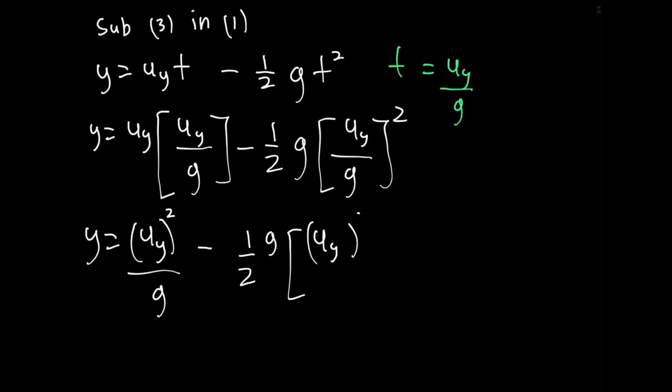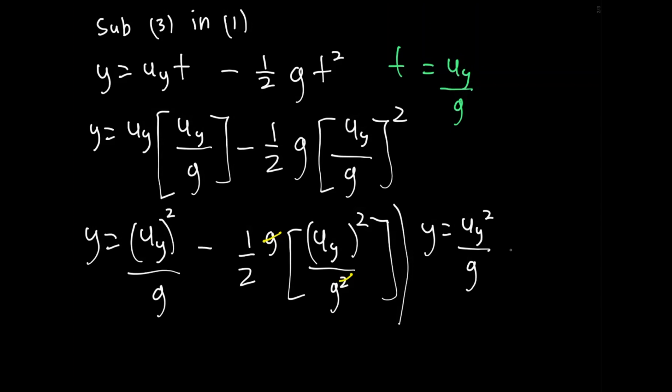Uy squared over g squared, and here we see that the g's cancel, so this actually becomes y is equal to uy squared over g minus 1 over 2 uy squared over g.